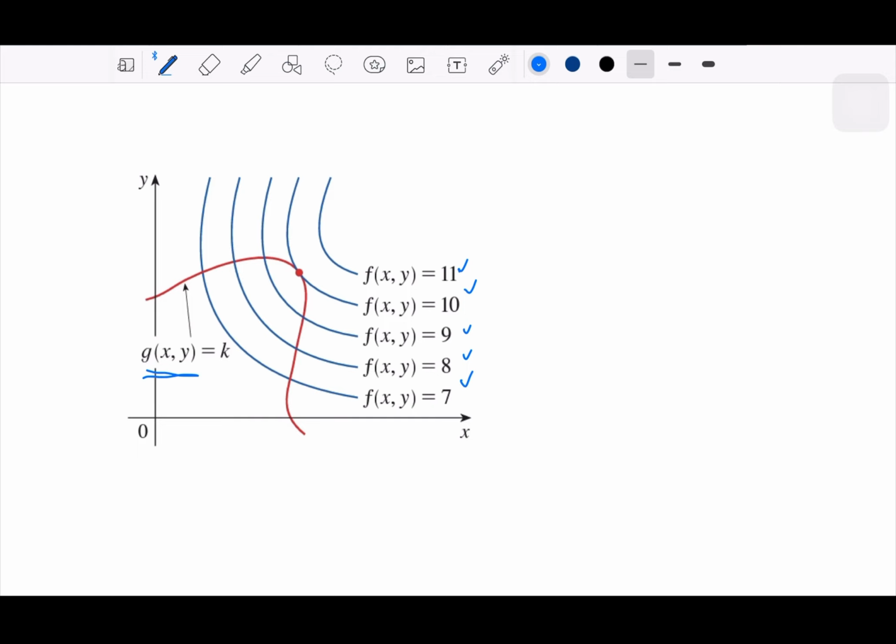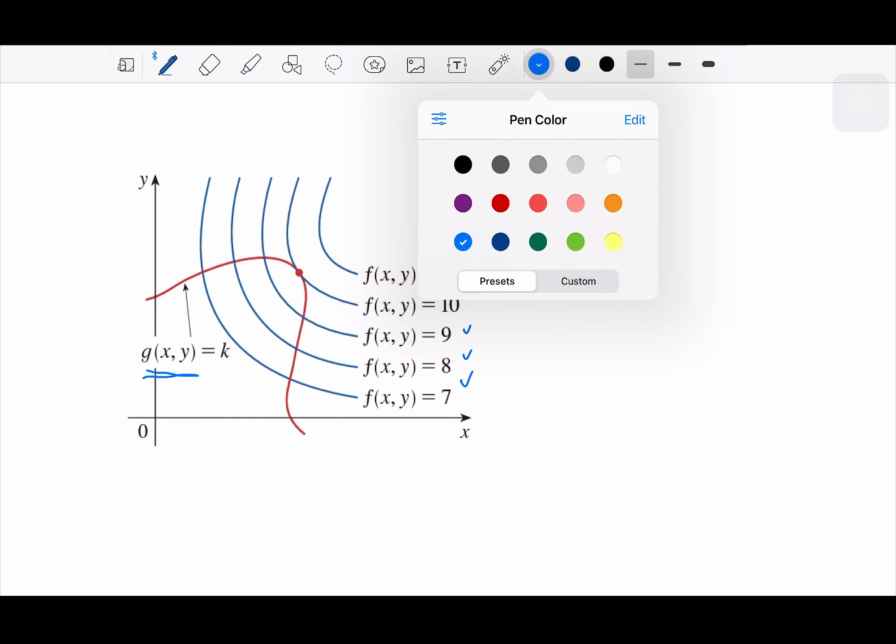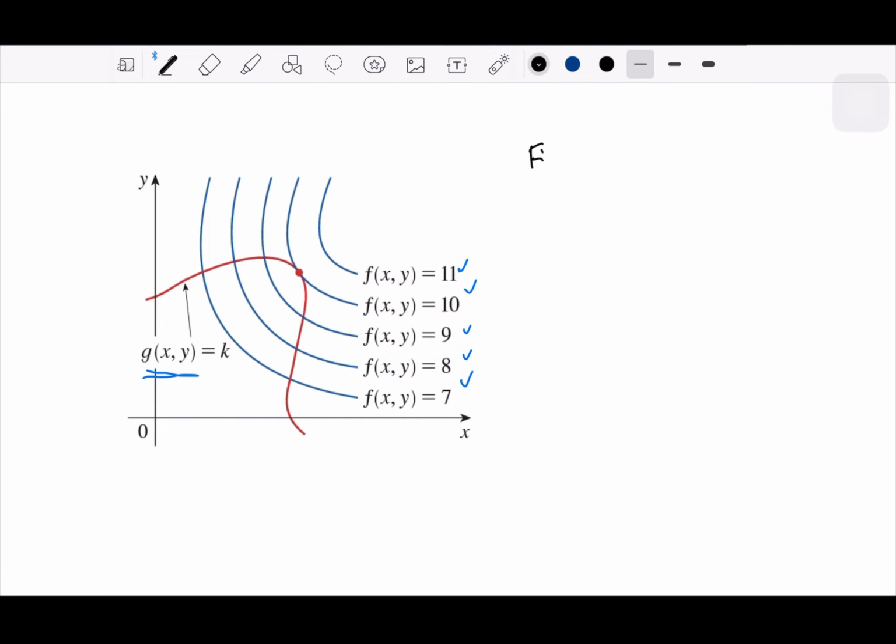So we start by finding extreme values of the function f of x, y with constraint g of x, y equal k.